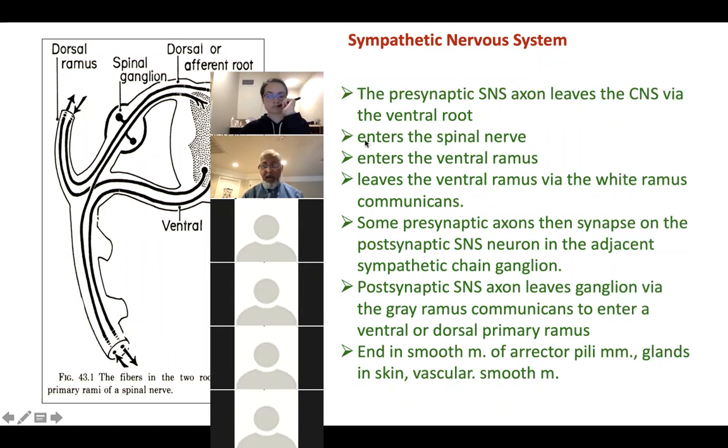So now look at this, this is the source of autonomic here. Normally in other segments of the spinal cord, except for thoracic 1 to lumbar 2, we say dorsal horn, the ventral horn. In case of T1 to L2, there is a lateral horn as well.